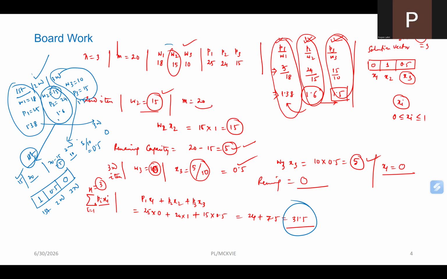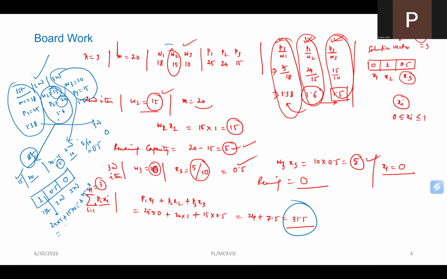So it becomes 0. Then the total profit becomes P1x1. What is P1 here? Here P1 means the second item's profit, which is 24 into 1, plus P2. P2 means actually as per the data it is P3, but to the computer it is P2, that is the second item profit. So it is 15 into 0.5. There is no question to take the third item to the computer, which was actually the first item, so it is 25 into 0.